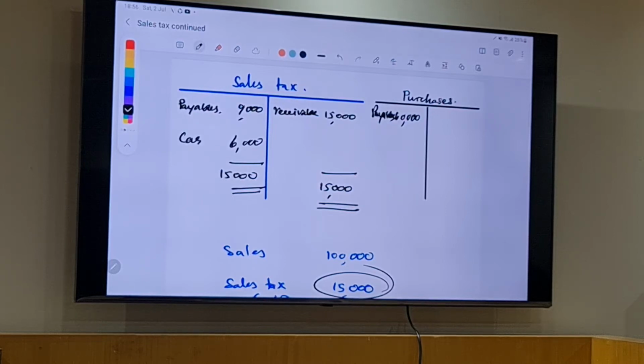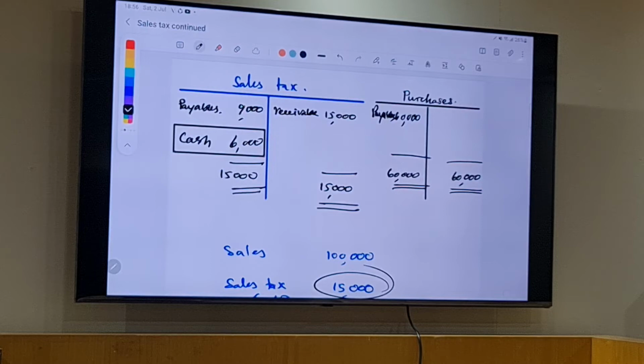This cash you will pay to the department. And this one, that we will take to P&L as part of the cost of sales, purchases.